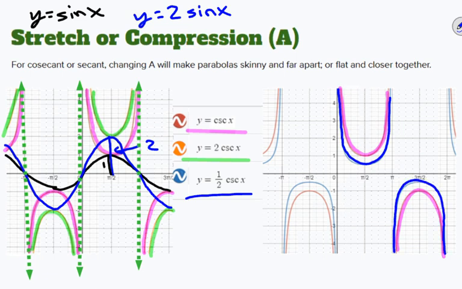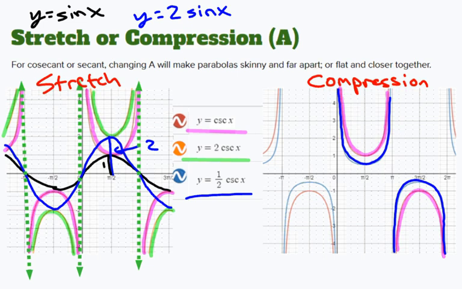It's only going half instead of a full unit off. So compression and stretch. This is a stretch, and this is a compression. The amplitude was compressed and made it go off the midline less. Stretch, it made it go off the midline more. Questions on that?